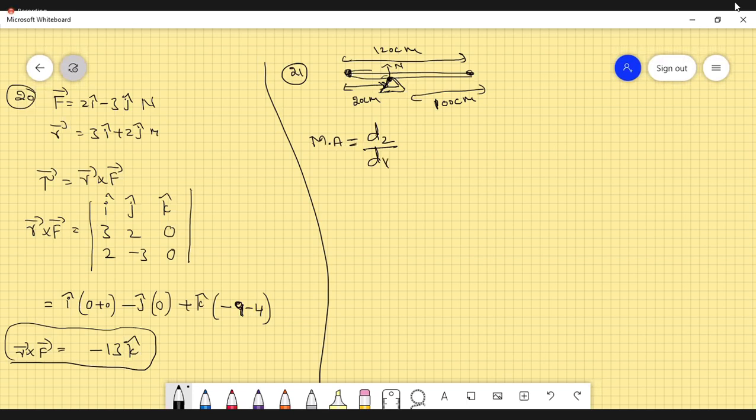Remember? Effort arm by load arm, or load by effort. Load by effort or effort arm by load arm. Therefore mechanical advantage equals 100 by 20. No units for mechanical advantage.